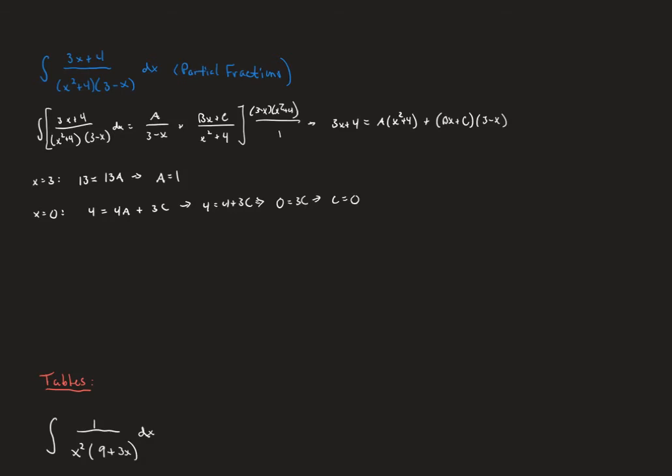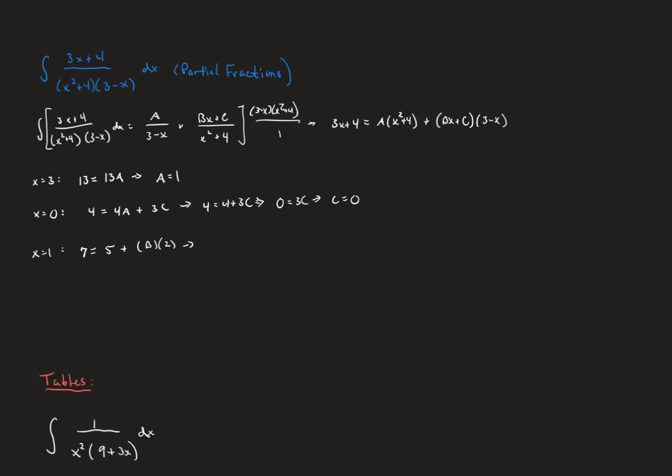Okay, so then we still got to find B, so maybe a good choice might be x equals 1. So we plug in 1, we'll get 3 plus 4 is 7 on the left side. The A we said was 1 times 1 squared plus 4 is 5, so that's going to be 5, plus the C we said was 0, and so we have B times 1, and then 3 minus 1 is 2.